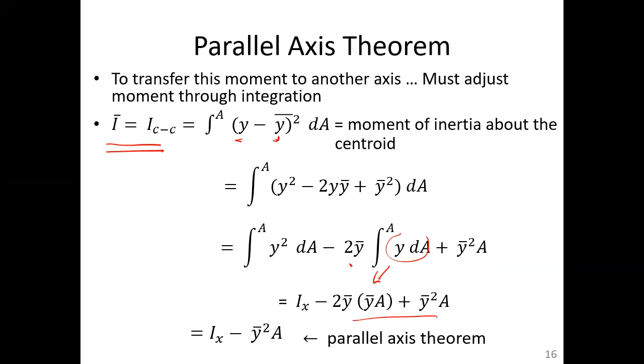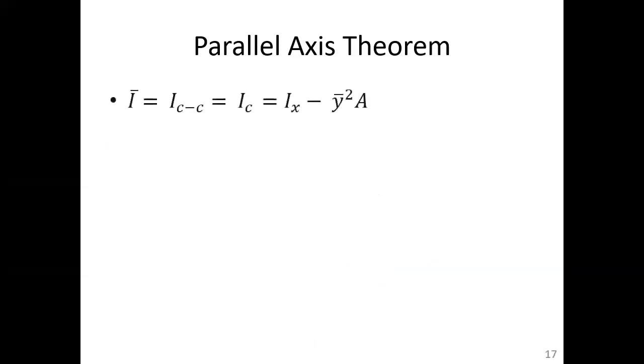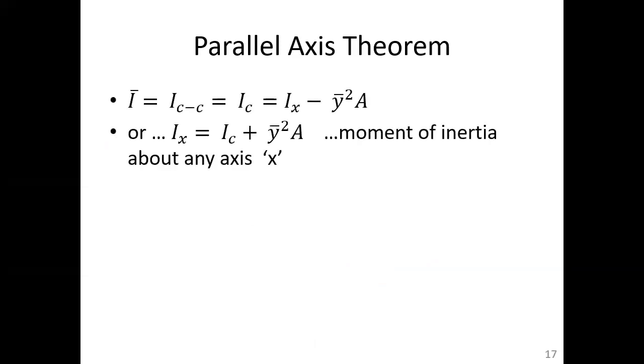So if you look at this equation, if you use G for the center of area, I_G, if you use C for the center of area, I_C, the moment of inertia about the centroid is equal to the moment of inertia about any arbitrary axis minus y bar squared A. So that's the formula we just had. And what's convenient is to just move that term on the right over to the left.